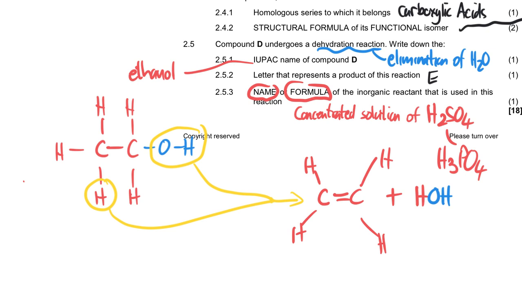So as a rule, and this is for grade 11s and 12s who've already done organic reactions, when you are trying to eliminate water, then you use a concentrated solution of either sulfuric acid or phosphoric acid. When you are trying to remove something else, let's say for instance there was a bromine or chlorine as the substituent, then you would be looking at using a concentrated solution of a strong base like potassium hydroxide or sodium hydroxide.